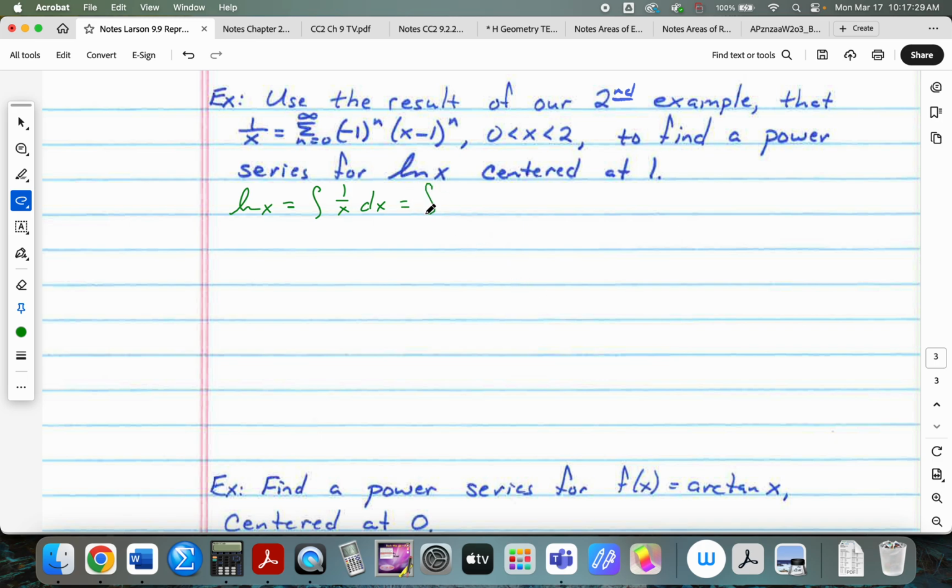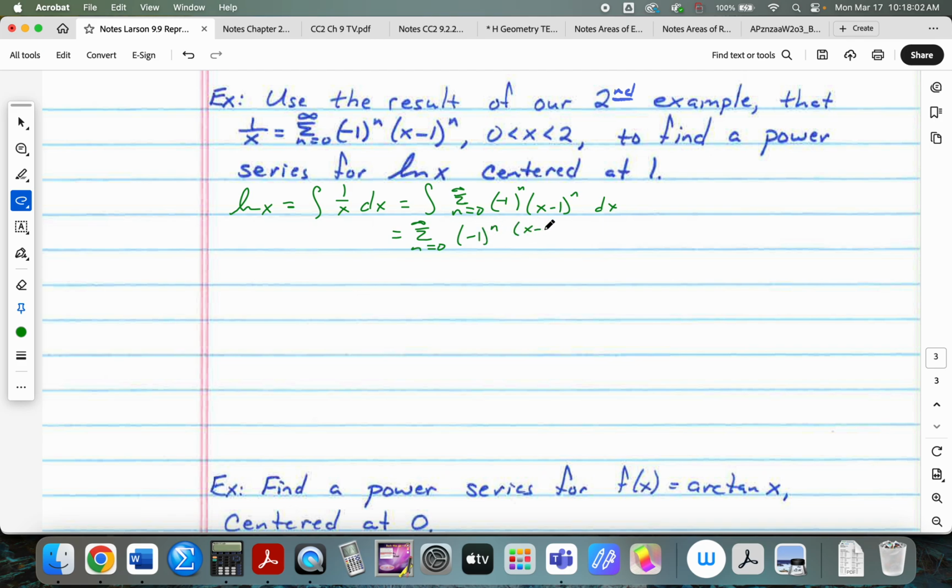So this is going to be the integral of our summation as n goes from 0 to infinity of negative 1 times x minus 1 to the nth power dx. So that's going to be the summation as n goes from 0 to infinity of, we keep the negative 1 to the n because that's constant.